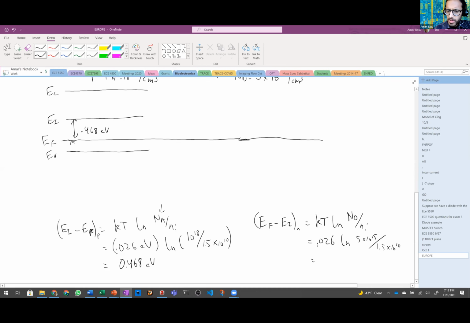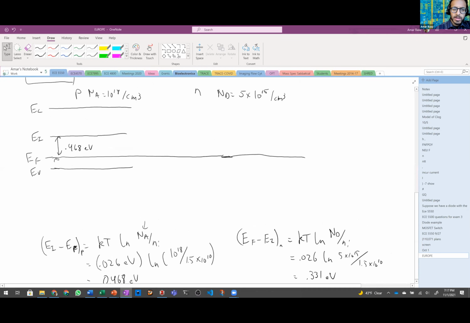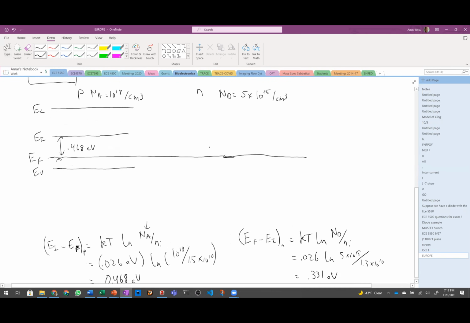And then Corey, I think you had gotten a number for this, right? Yeah, I found it to be 0.331 electron volts. Okay, 0.331 electron volts.